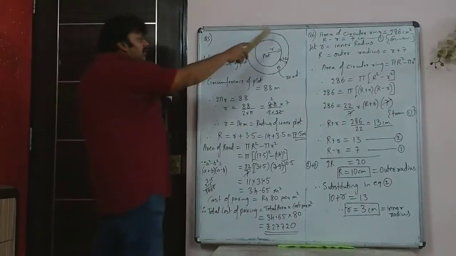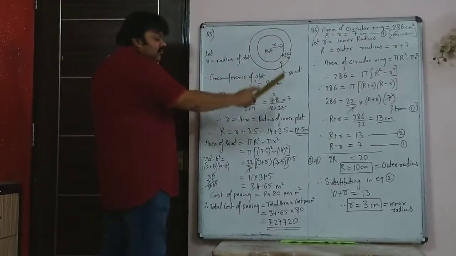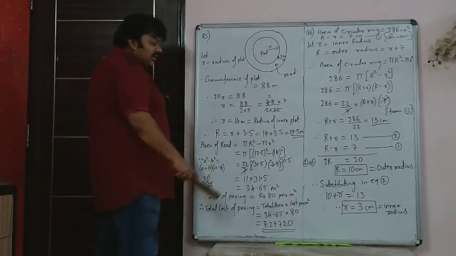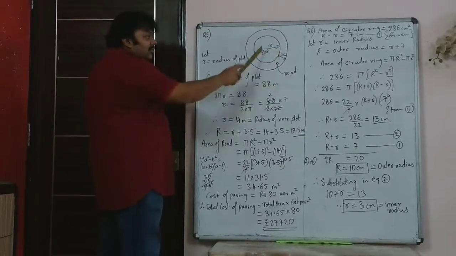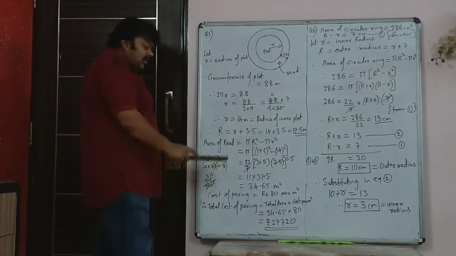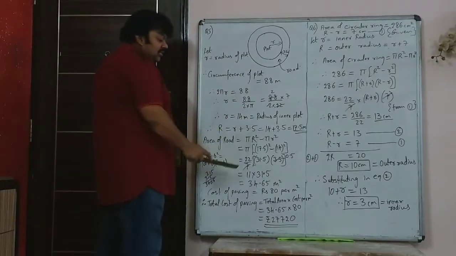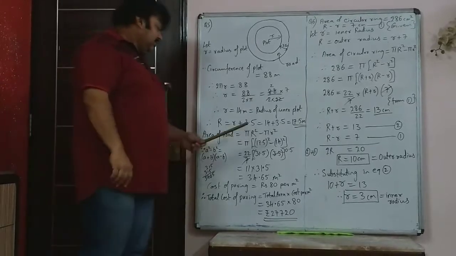Now surrounding the plot there is a circular road which has a width of 3.5 meter. So that circular road of 3.5 meter will add up to small r so that you get capital R. So capital R is small r, which was 14 meter, plus 3.5, so that is 17.5 meter.